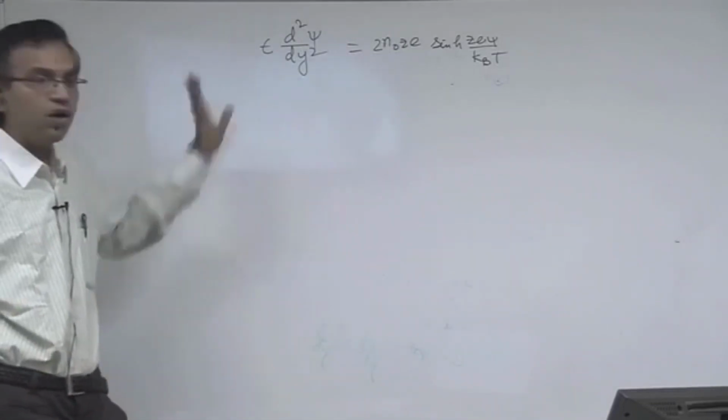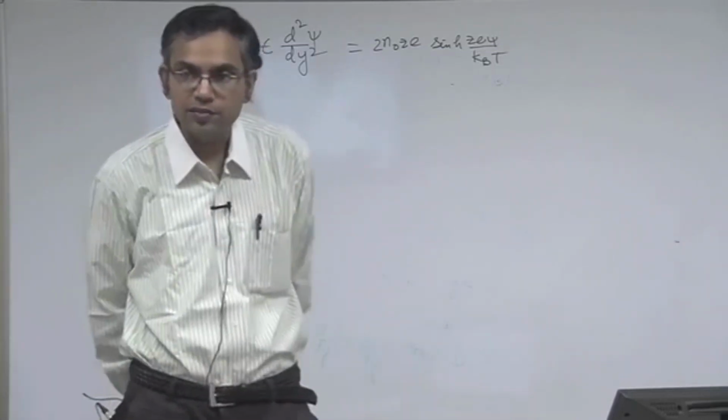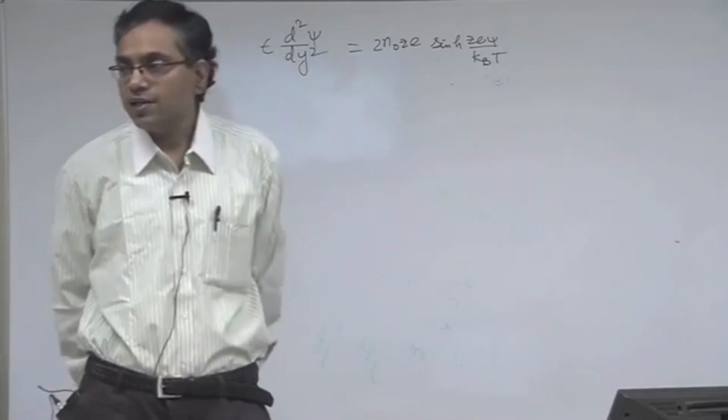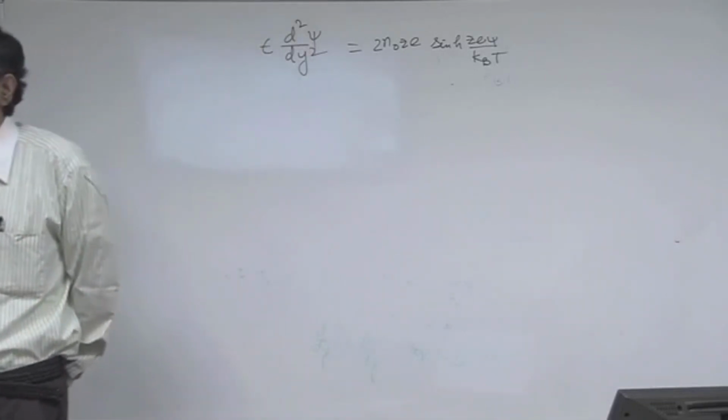This equation is a nonlinear equation, called the nonlinear Poisson-Boltzmann equation. What is the source of nonlinearity? The source of nonlinearity is the presence of the sinh term.